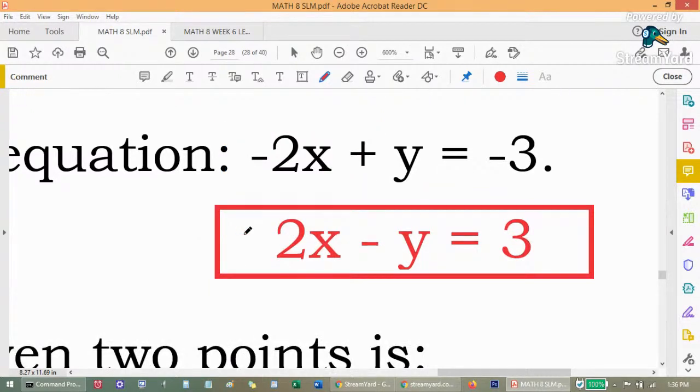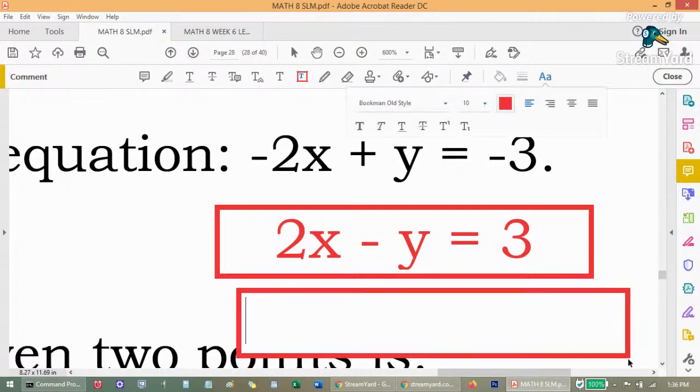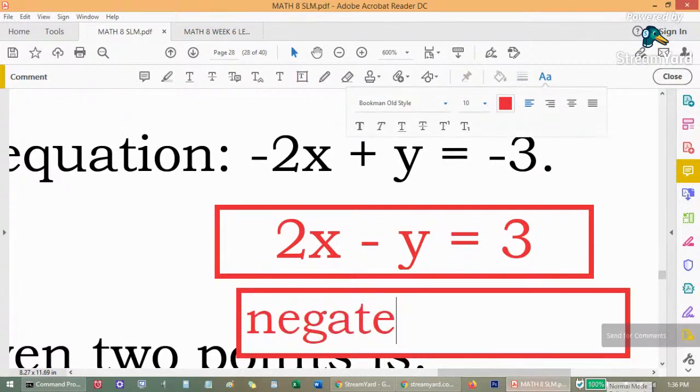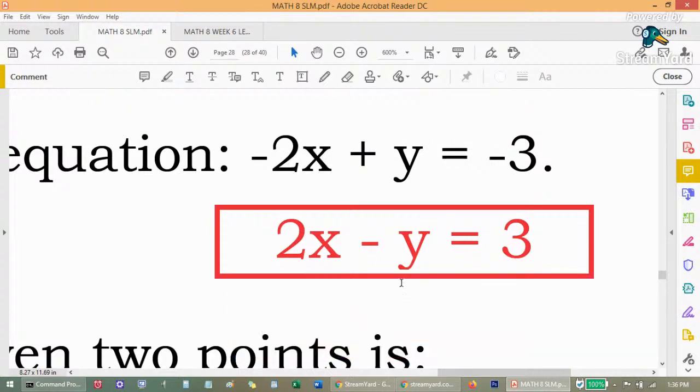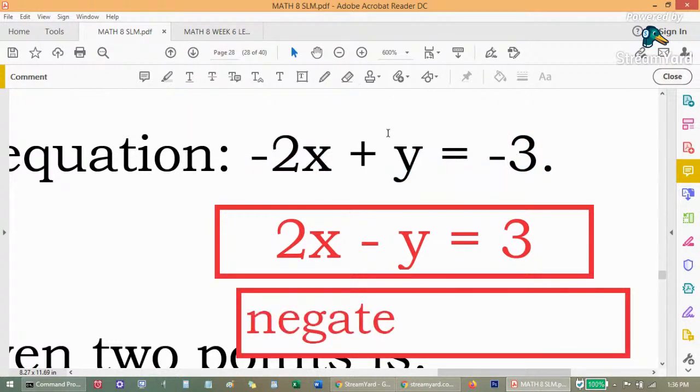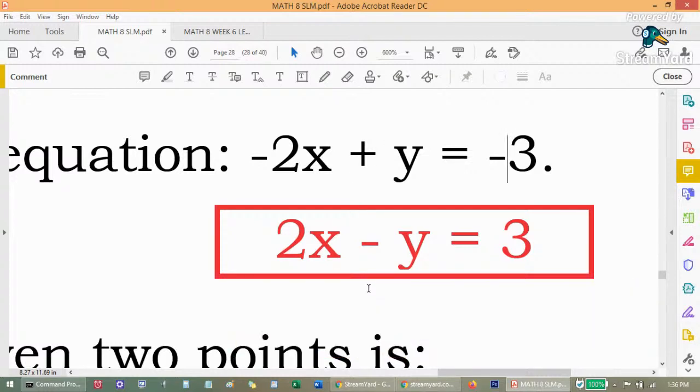Ang gagawin natin is we're going to negate. So, ano ba yung negate? Negate is babaliktarin natin yung lahat ng sign. Yung mga negative magiging positive at yung mga positive ay magiging negative. Okay? So, itong negative 2x magiging positive 2x.